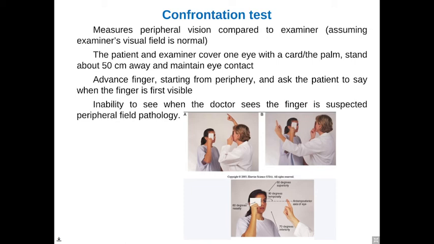The patient and examiner cover one eye with a card or the palm, stand about 50 centimeters away and maintain eye contact. Advance a finger starting from the periphery and ask the patient to say when the finger is first visible. Inability to see when the doctor sees the finger is suspected peripheral field pathology.